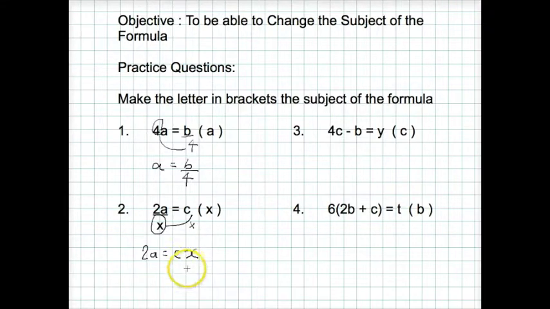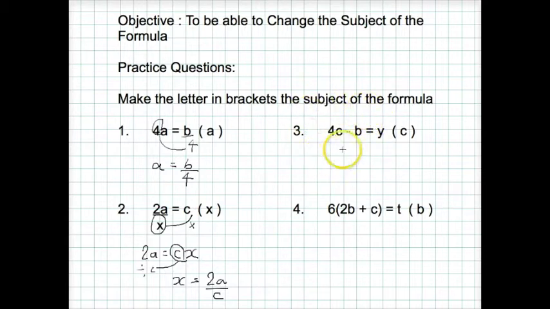Now to make x the subject, I can get rid of the c and move the c over and divide the other side by c. So I'm going to end up with x equals 2a divided by c.